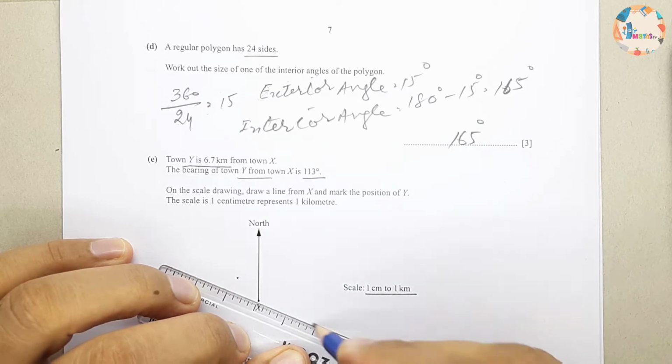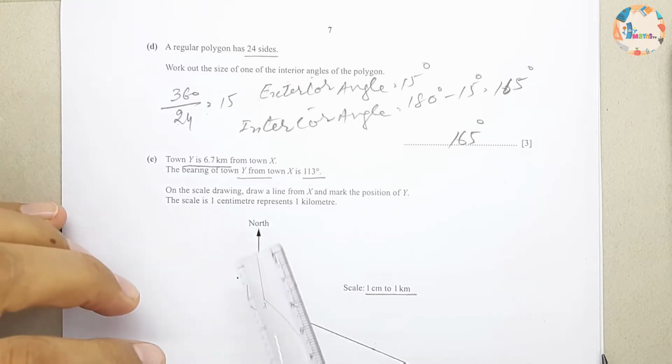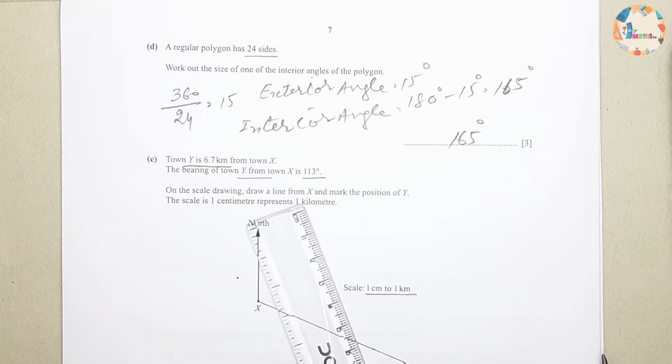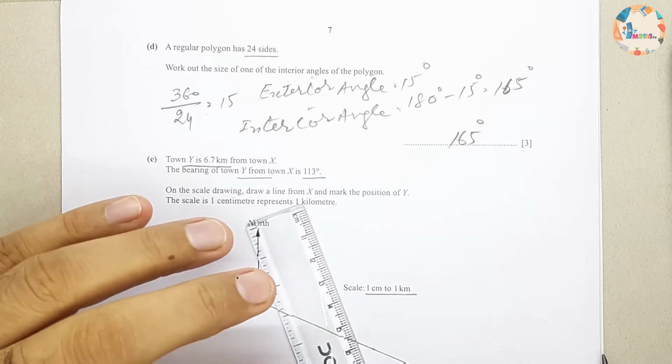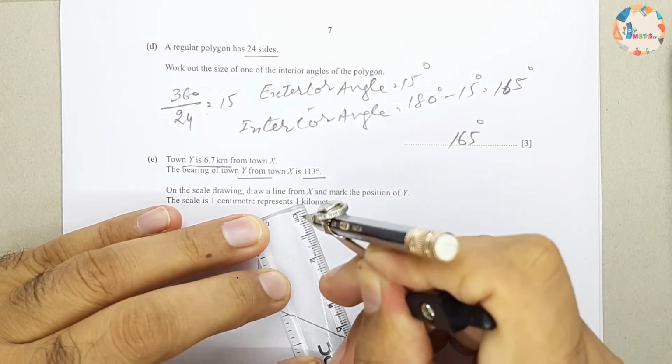After marking this 113, we'll have to draw this line. Then we have to take 6.7. So 1 kilometer is equal to 1 centimeter. So we can make an arc of 6.7.